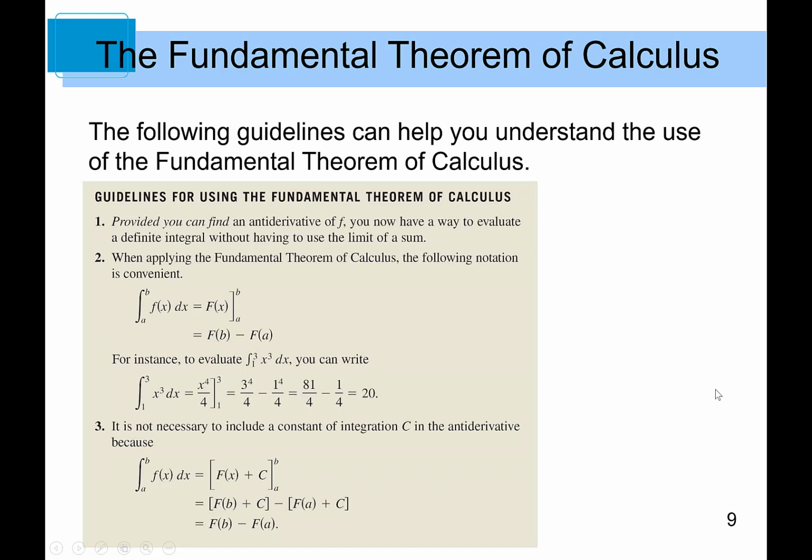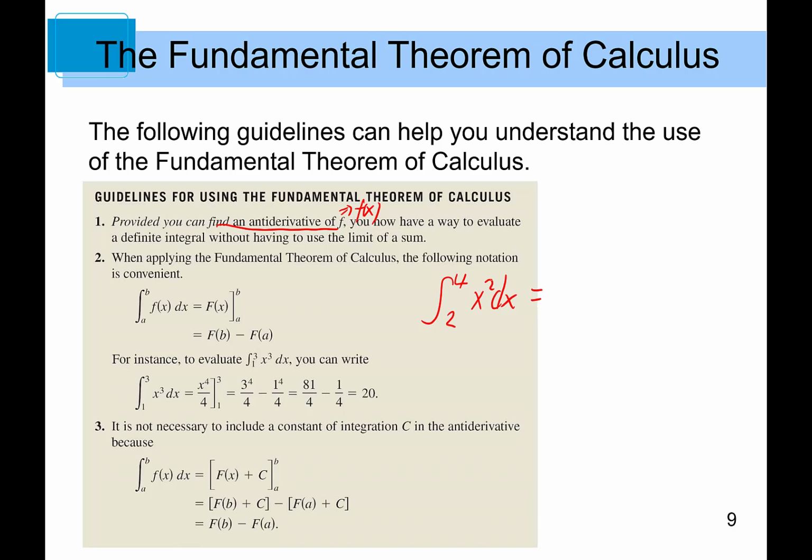The standard procedure to find the area under the curve: first of all, find the antiderivative of f of x. And we use a standard notation. For example, let's say we want to do the integral of x squared dx. This is the standard notation for using the fundamental theorem of calculus.